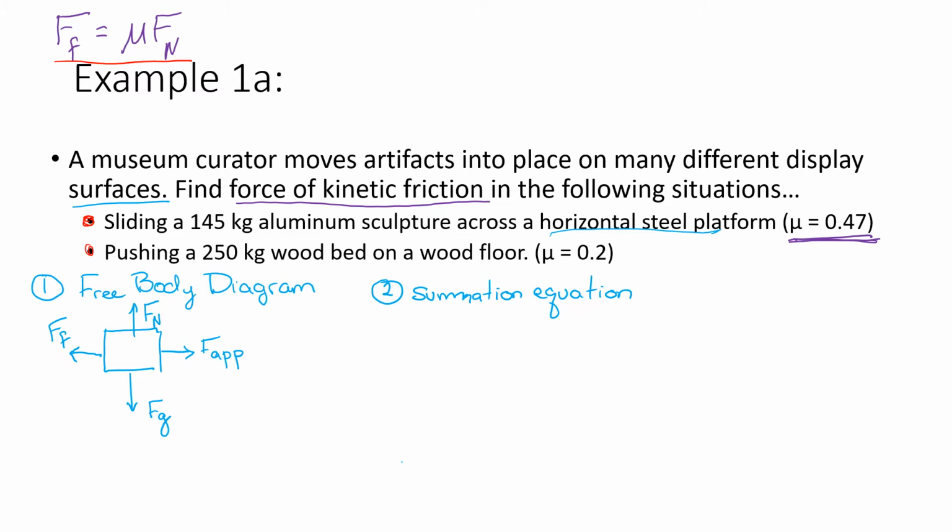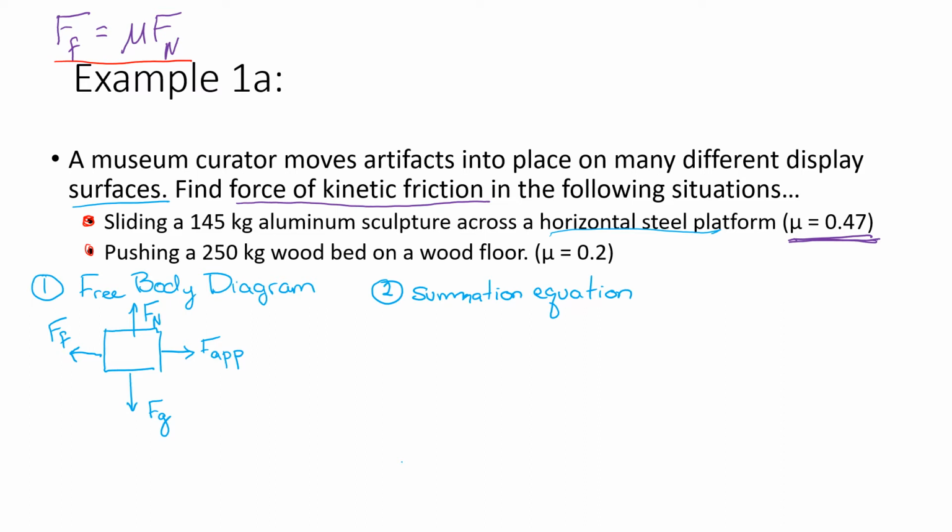What do we need from the force of friction equation? The coefficient of friction, which we have, and the normal force. Where is the normal force? Is it in the y direction or the x direction? It's in the y direction. So for this one, we don't really need the x summation equation. If you want to write it, please don't skip steps unless you're sure you can.